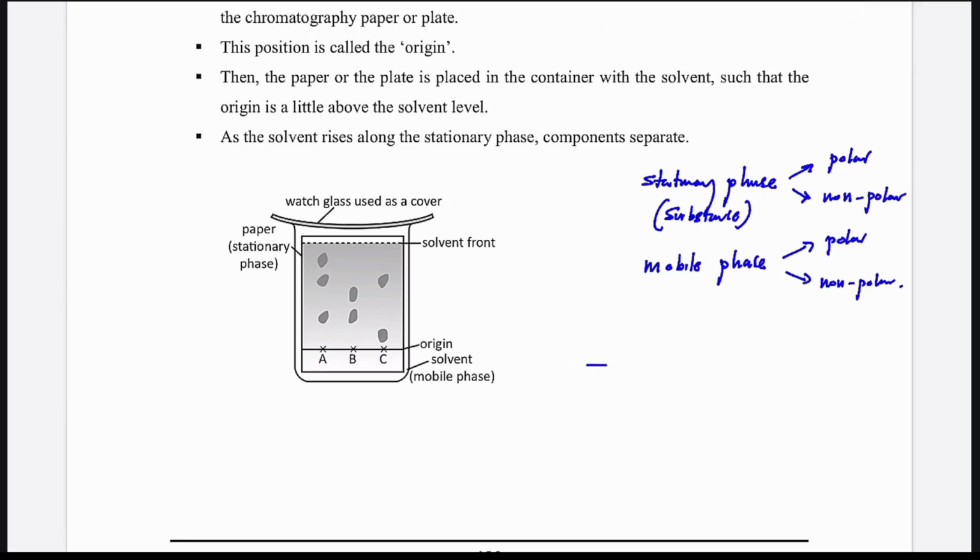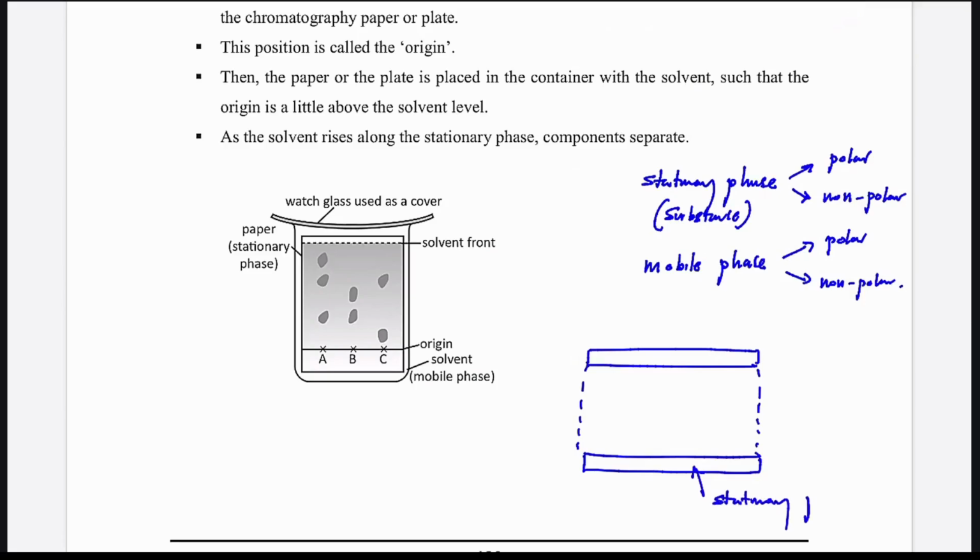Now I'm going to finish the full logical part here. Listen to me carefully. You have a cylinder, for example. This cylinder is called the stationary phase. What do you mean by stationary phase? When you do physics, there are things called stationary waves in the VCE syllabus.